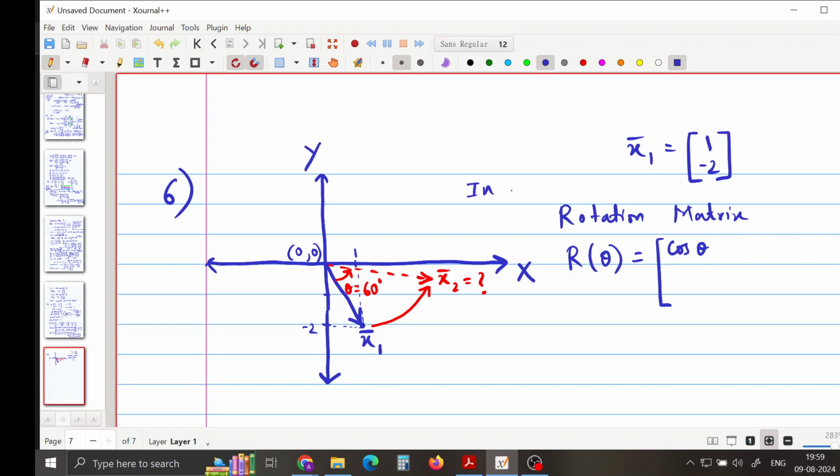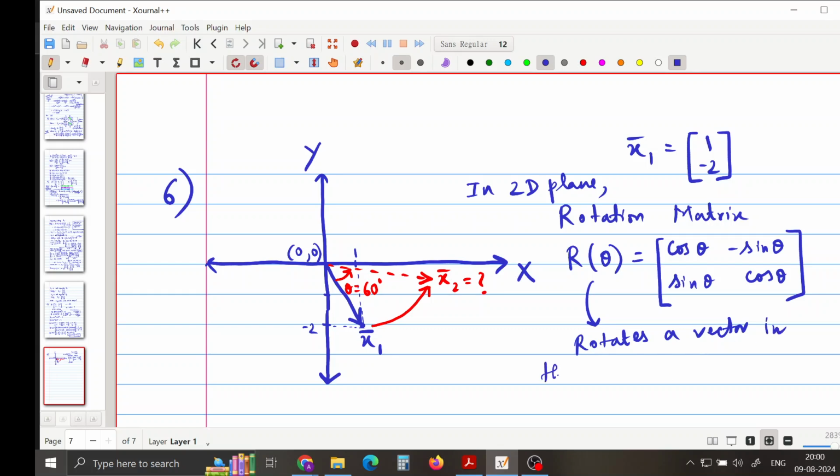So in 2D, this is cos theta minus sine theta, sine theta cos theta.